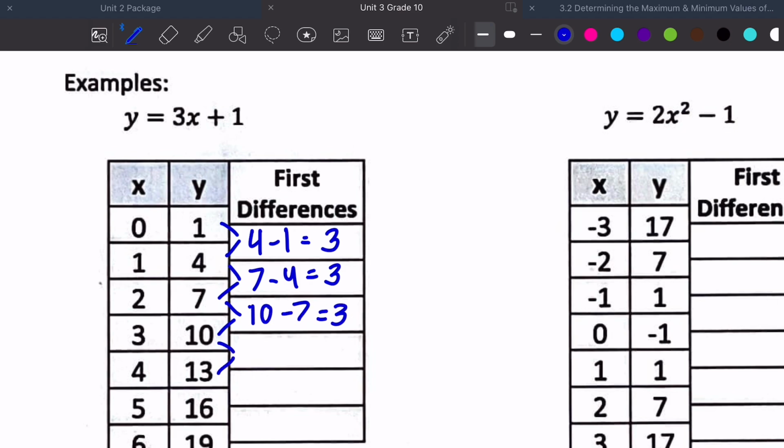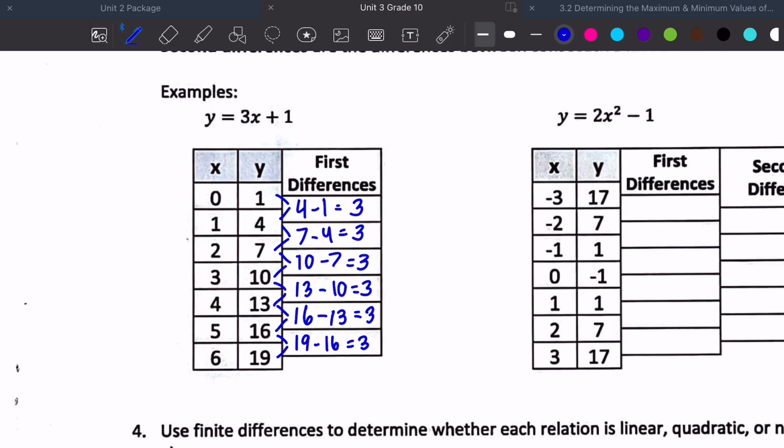So Fetty already saw the pattern. 13 minus 10 is 3. And I have to make sure all of them work. 16 minus 13 is also 3. And 19 minus 16 is 3. So therefore, this is linear. This is a line. What it's going up by is constant. It's going up by the same amount every single time.